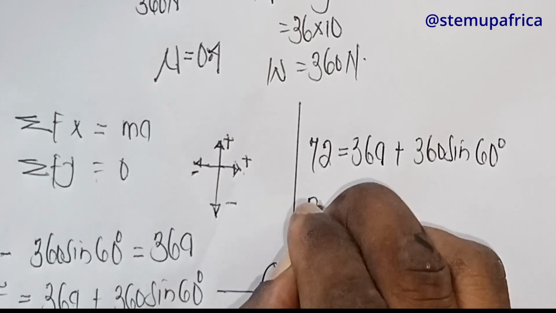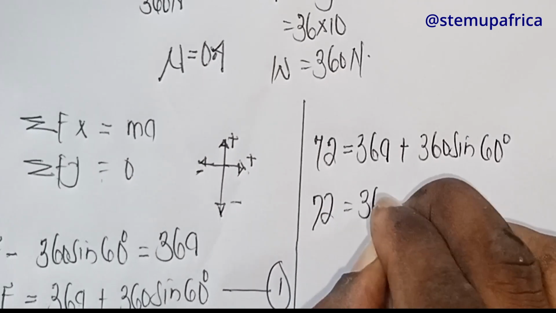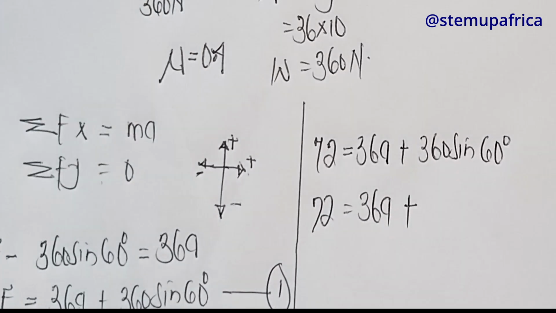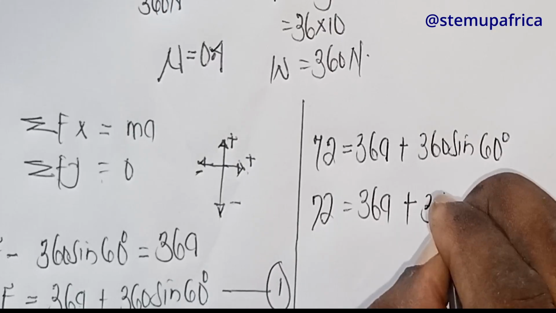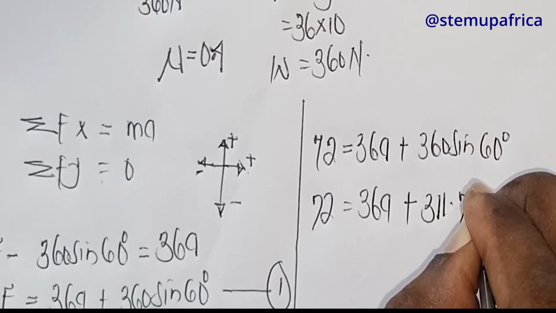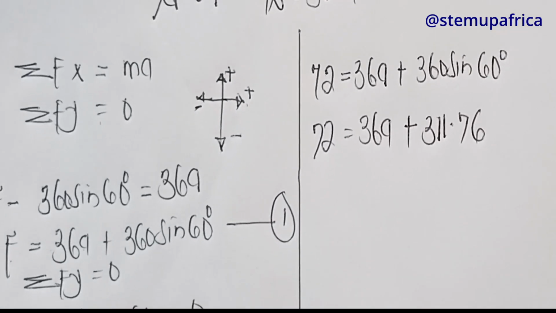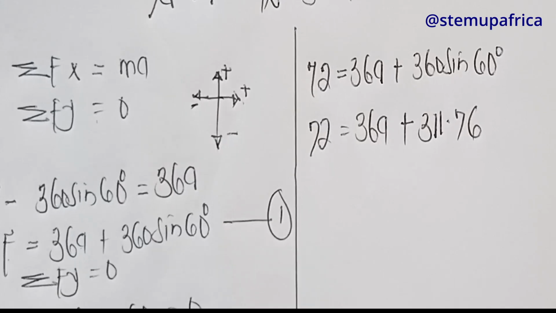So 72 equals 36A plus, so what is 360 sin 60? That will give us 311.76.